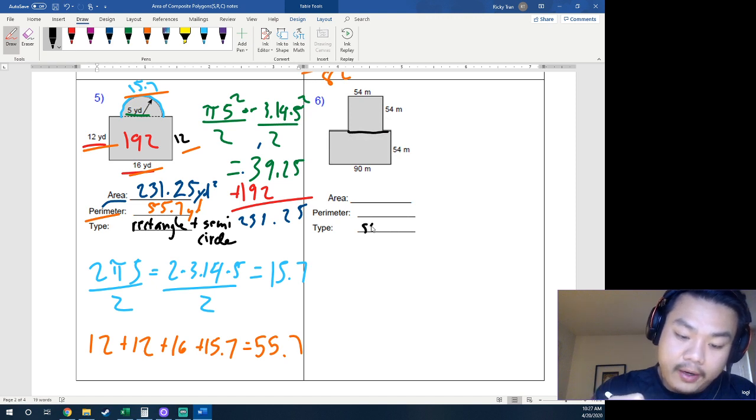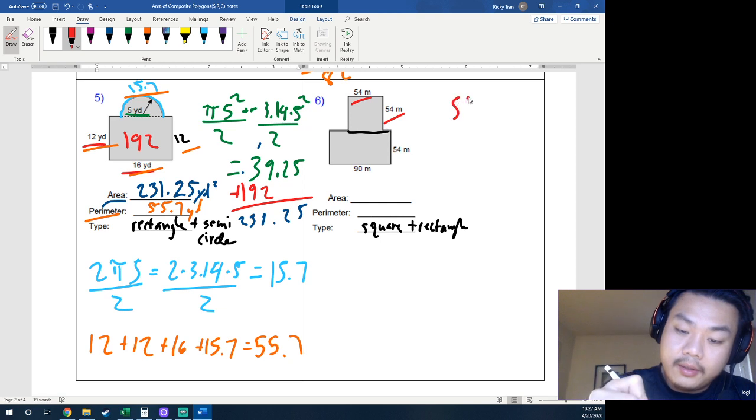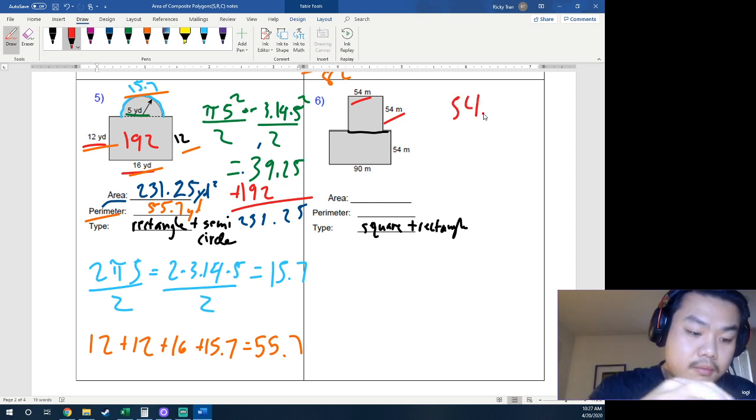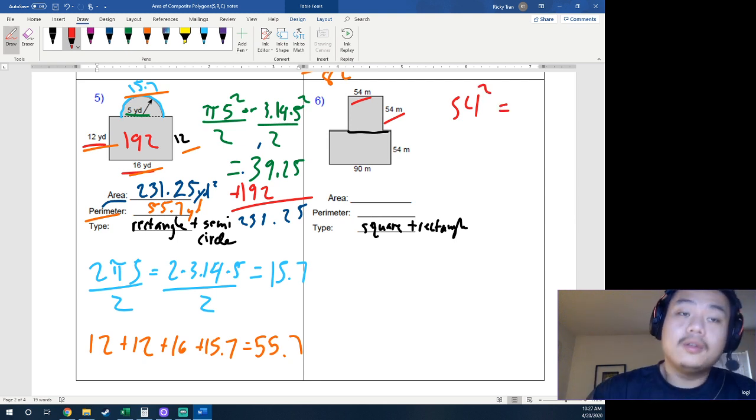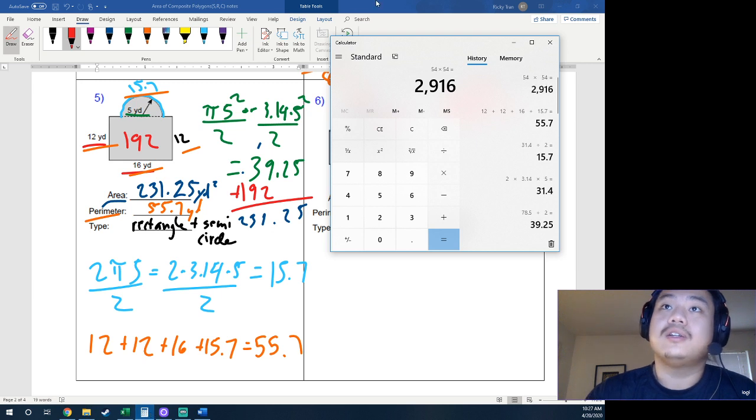We have a square plus a rectangle. Okay, so we have the area of the square, which is this times this, 54 squared, 54 times 54, or 2,916.